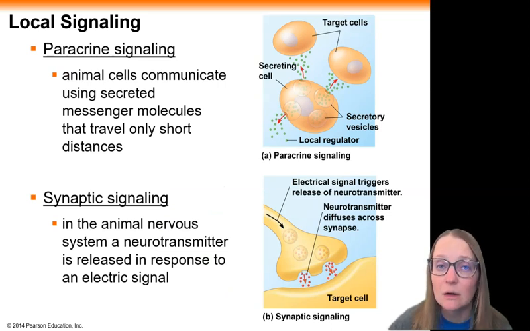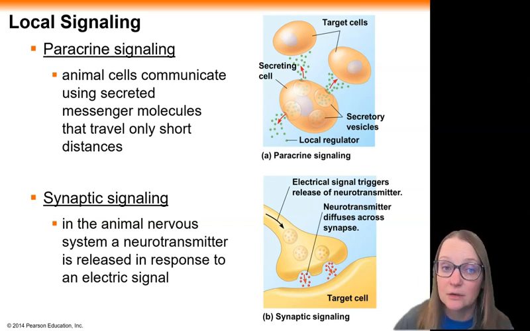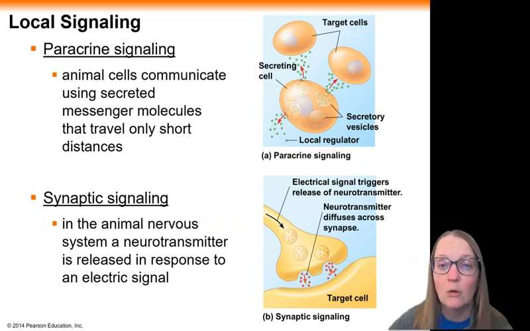You can also have local signaling, so over a very short distance where one cell doesn't necessarily directly contact its neighbor, but instead sends a molecular signal, so a chemical signal over that short distance. And so one example of this is paracrine signaling. This frequently will happen with animal cells where you have one cell type that's going to be the secreting cell.